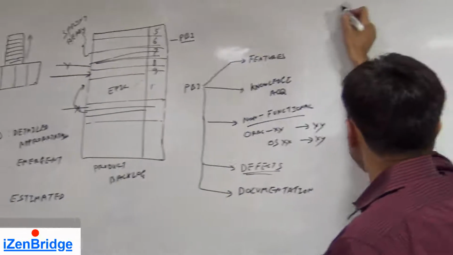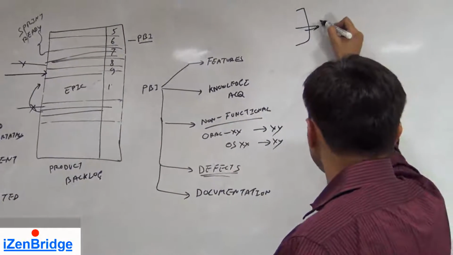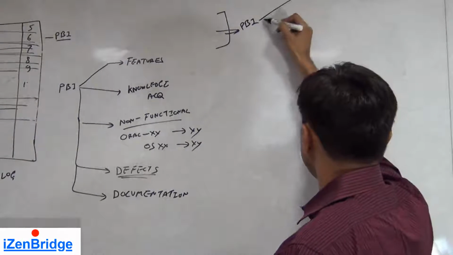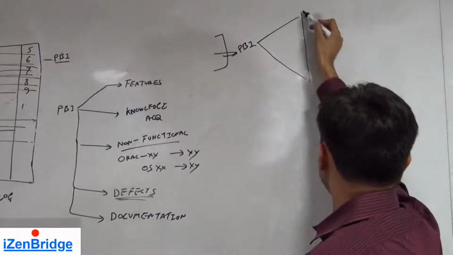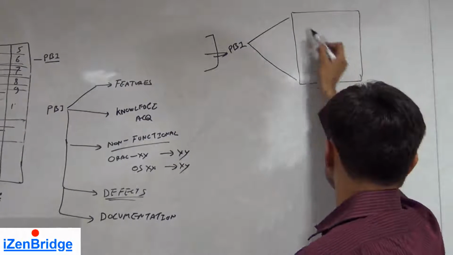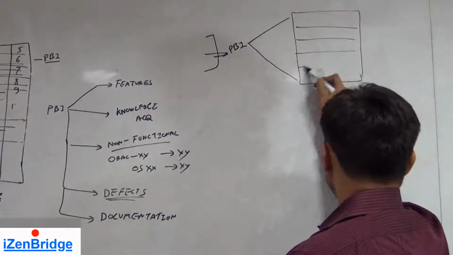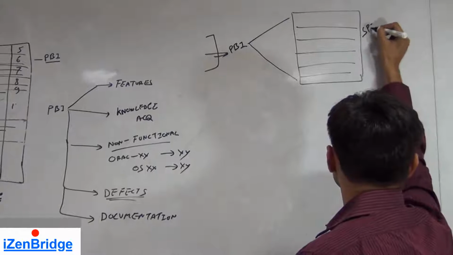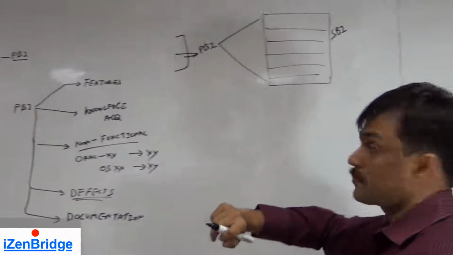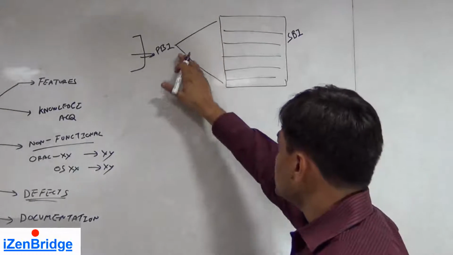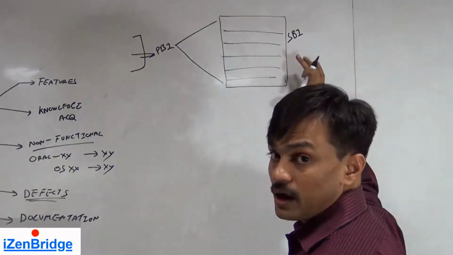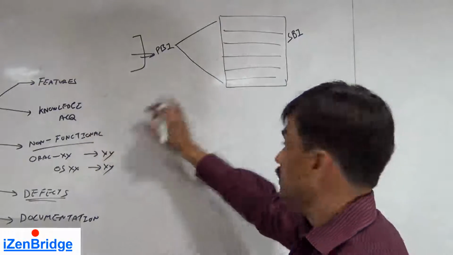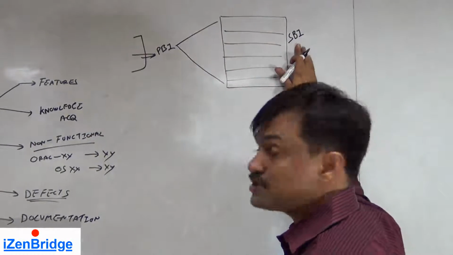So once we pick a set of product backlog items, we convert them into engineering steps and create sprint backlog items. So one product backlog item will produce multiple sprint backlog items, because here the functionality is in the language of the product owner and here the tasks are in the language of the team.